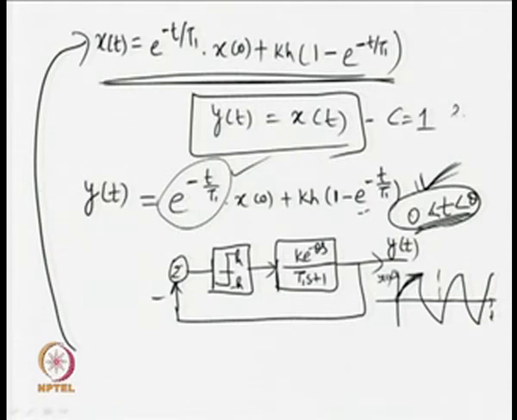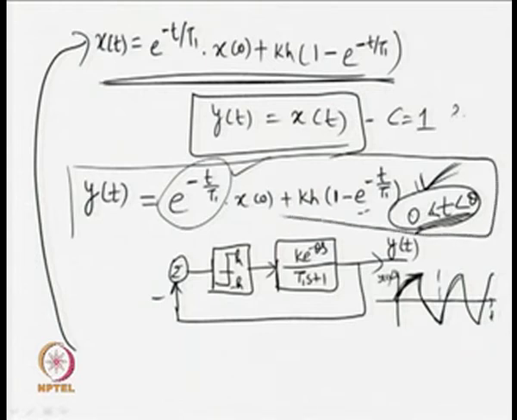So, is it possible to get the output form from analysis? Yes, it is possible, because state space analysis shows that for a first order system, when t is between 0 and theta, the output assumes this form. When this is plotted for various values of t from 0 to theta, we definitely get an output of that form, which is what we practically obtain from conducting a relay test.